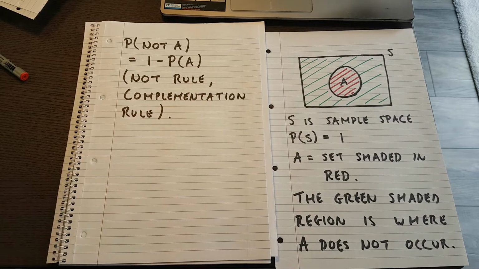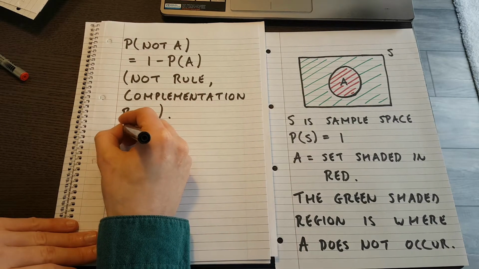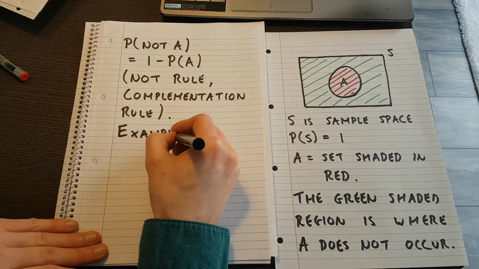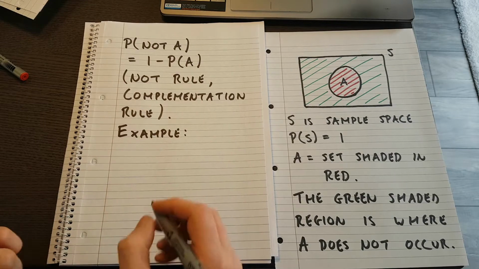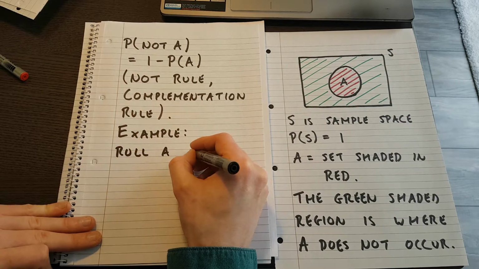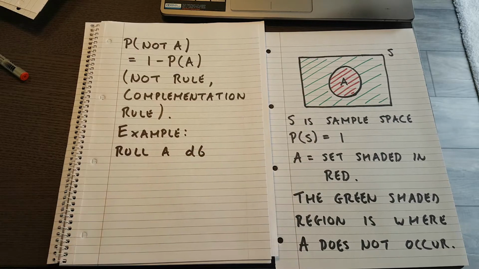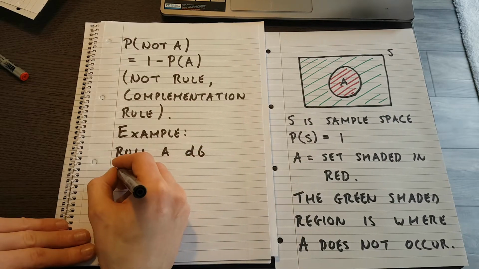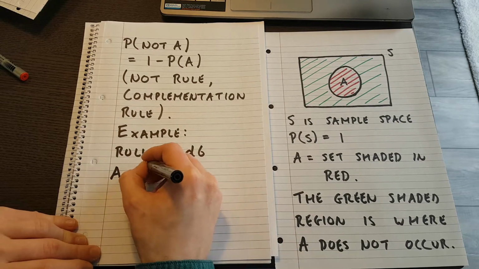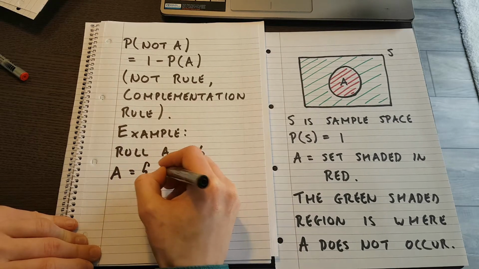So let's give an example. Let's say I roll a d6, a six-sided die, and we'll let A be the event that we get a 1 or a 2.